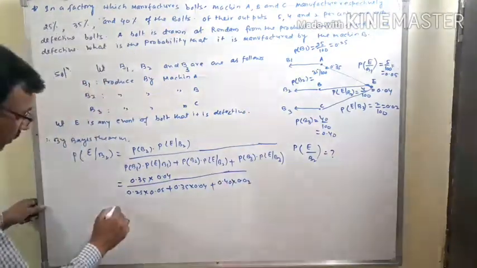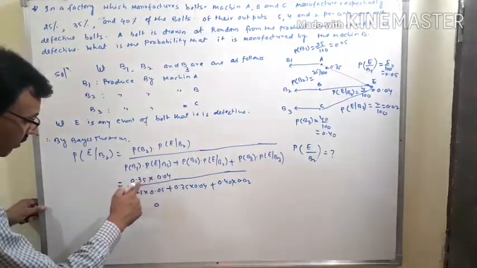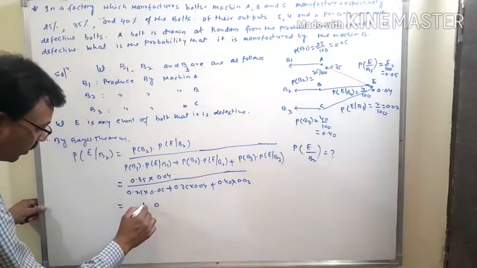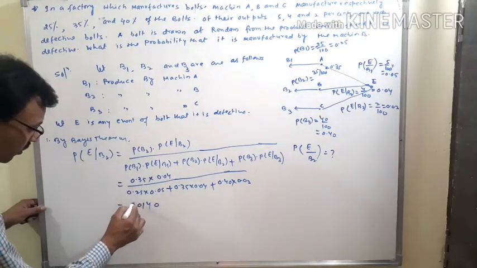Now calculate it. 4 fives are 20, 4 threes are 12, plus 2, 14.